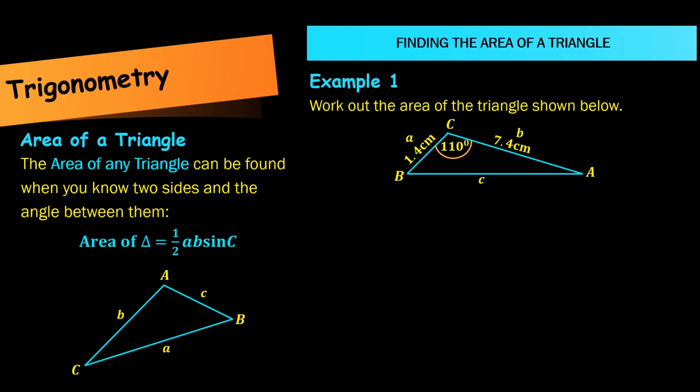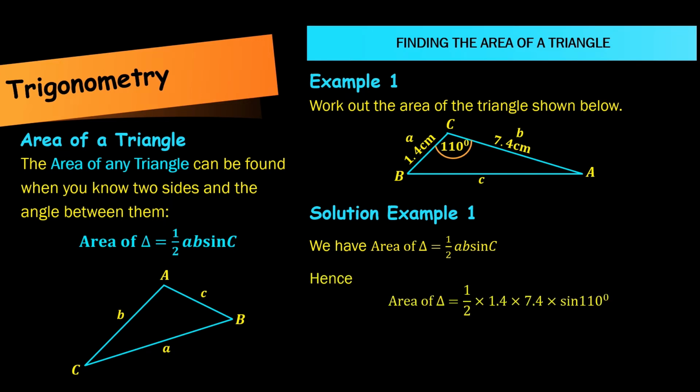Let's label the sides as shown first of all, and then solve. From our formula we have that the area of the triangle is equal to half ab sine C. Therefore, plugging in the values, we have that the area of the triangle equals half times a, which is 1.4 centimeters, times b, which is 7.4 centimeters, times sine 110 degrees, where 110 degrees is the angle in between these two sides.